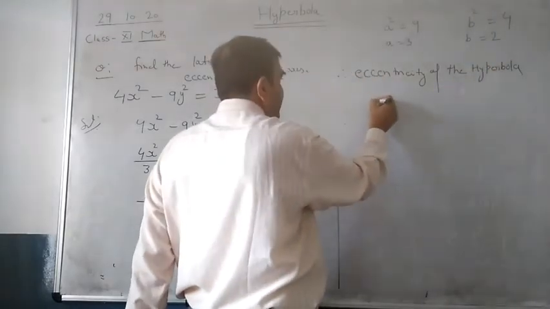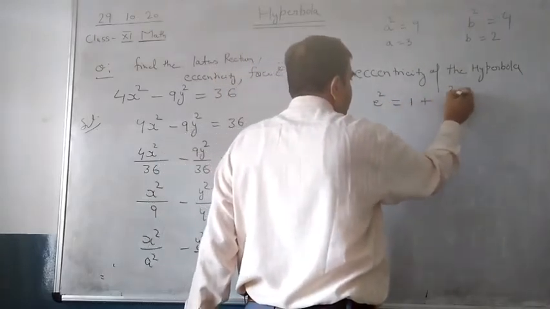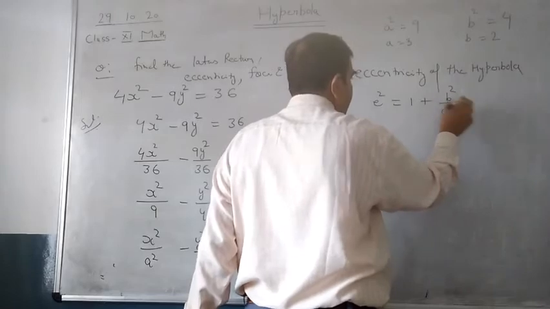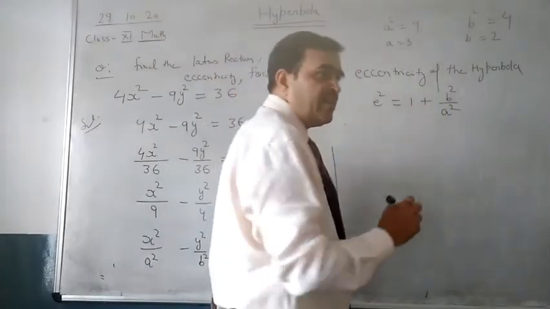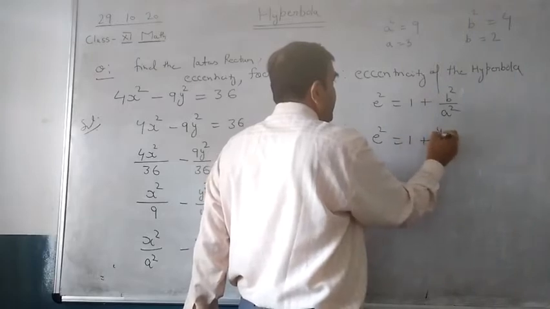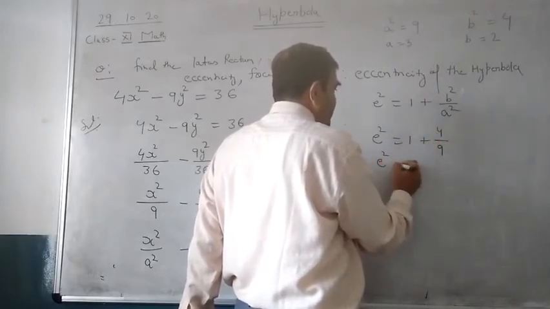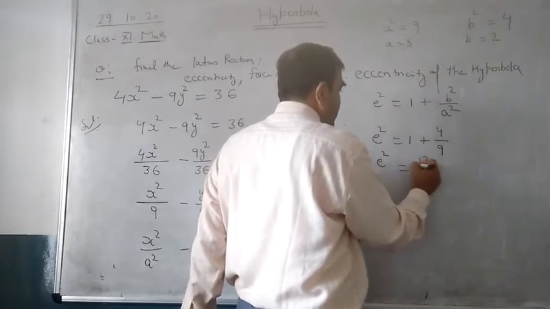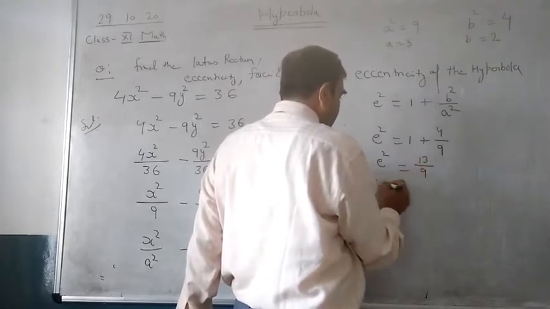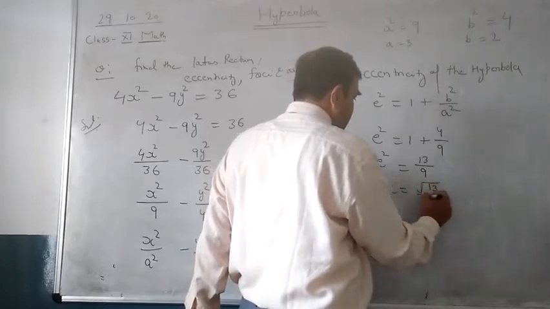So eccentricity e square equals 1 plus b square upon a square, right? e square equals 1 plus 4 upon 9, means e square equals 13 upon 9. Therefore e equals under root 13 upon 3.